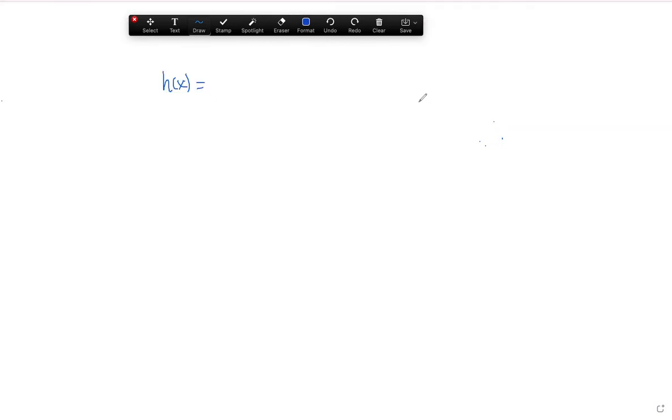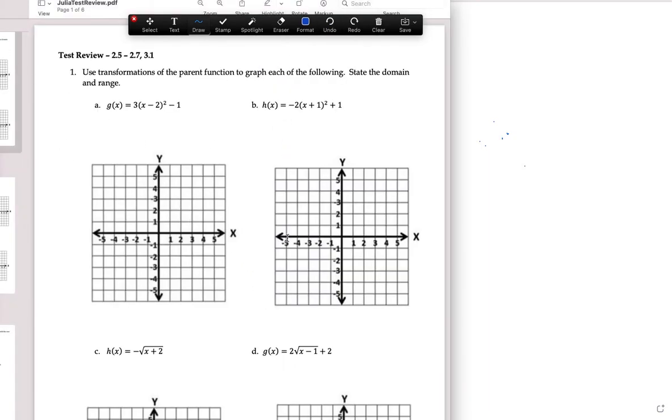Yes, we just got done graphing it, but I want to reinforce it. What are the instructions for this? This is the very first one, part B.